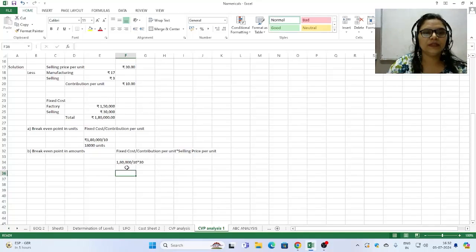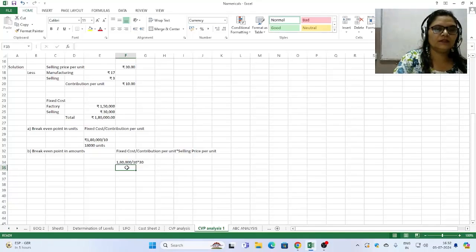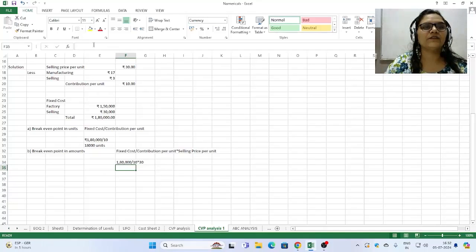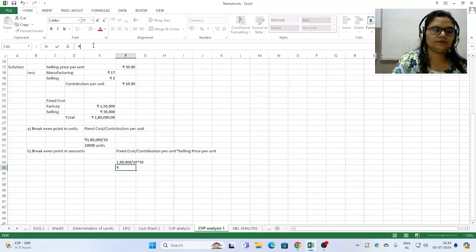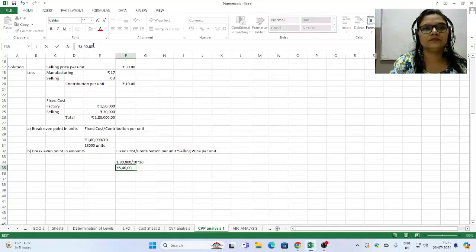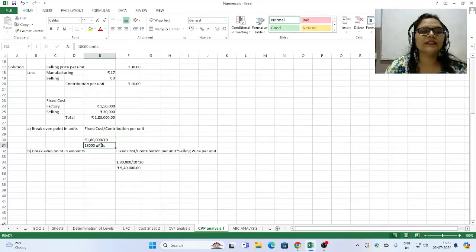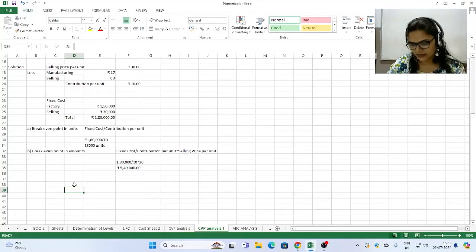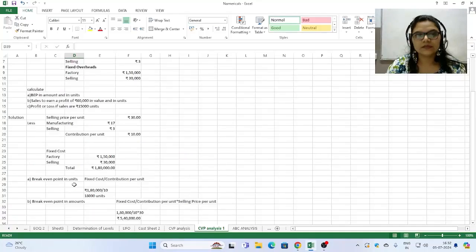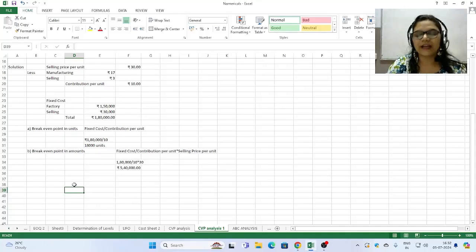So it will be rupees 5,40,000. So break-even point in units is 18,000 units and break-even point in amount is 5,40,000.